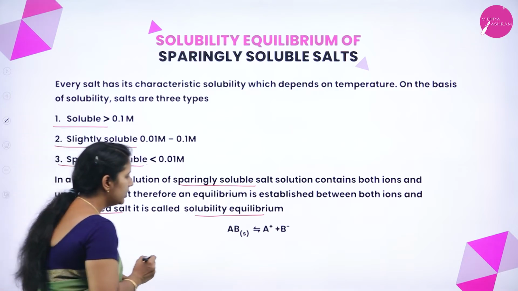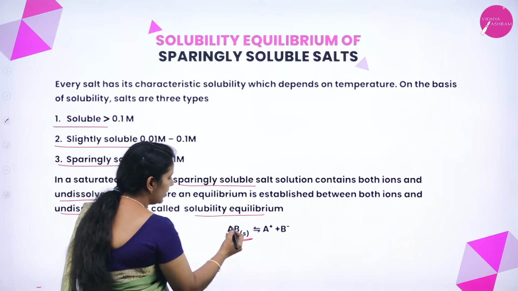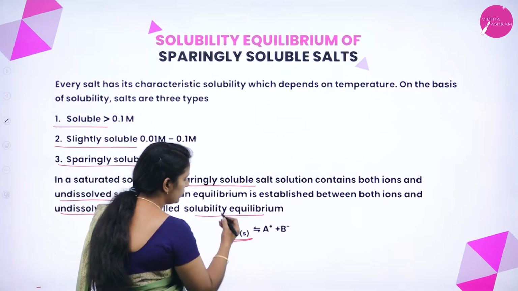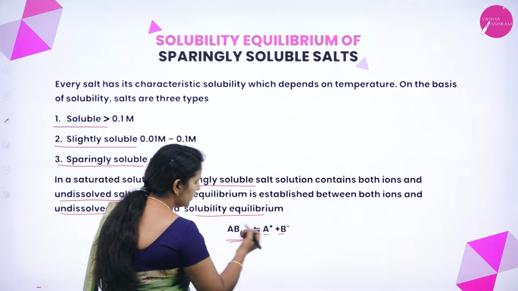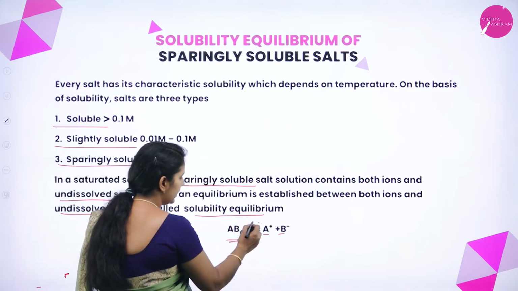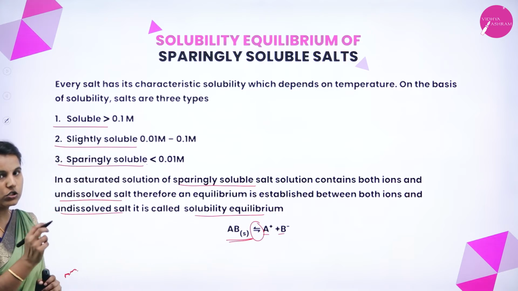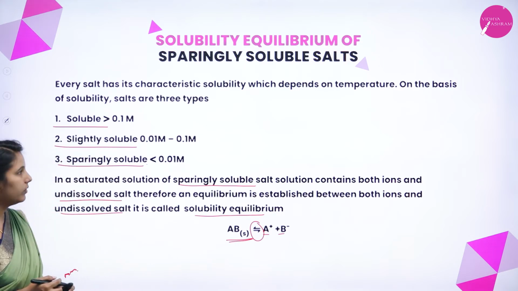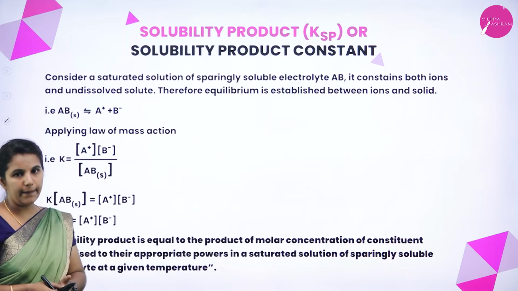Solubility equilibrium. So, I have considered the saturated sparingly soluble salt which we dissolved in water; it forms ions as well as undissolved salt. Between these two, an equilibrium will be established, that is known as solubility equilibrium.